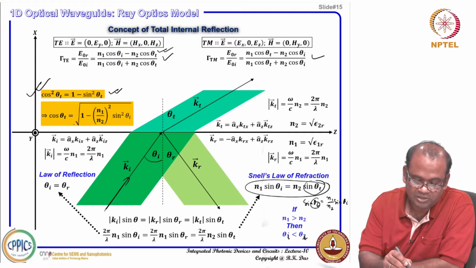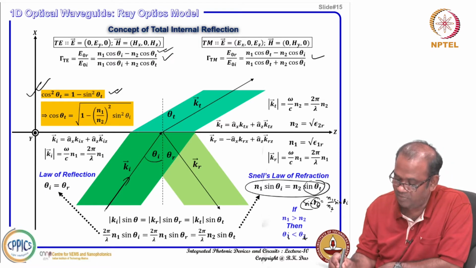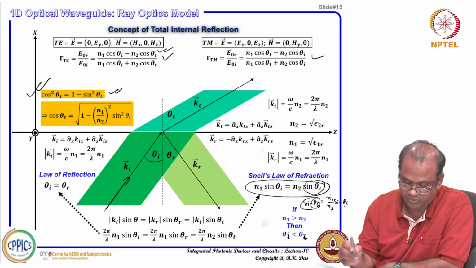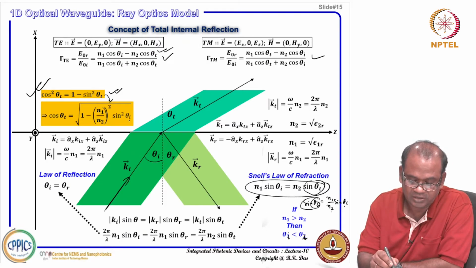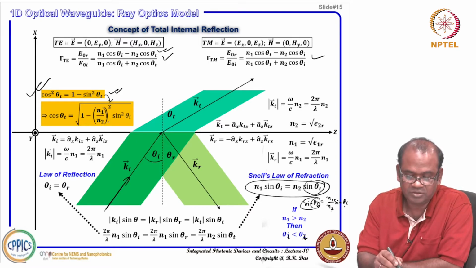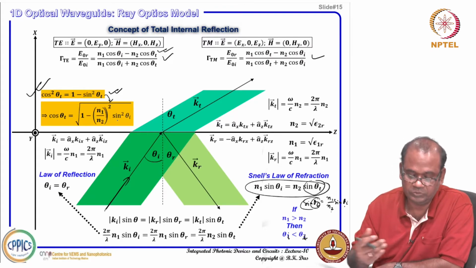Then cos theta t equal to square root of 1 minus sin square theta t. Sin square theta t means n1 by n2 whole square sin square theta I. So now I am representing theta t in terms of theta I, n1 and n2. So theta t depends not only on theta I, but on the refractive index of media 1 and 2.